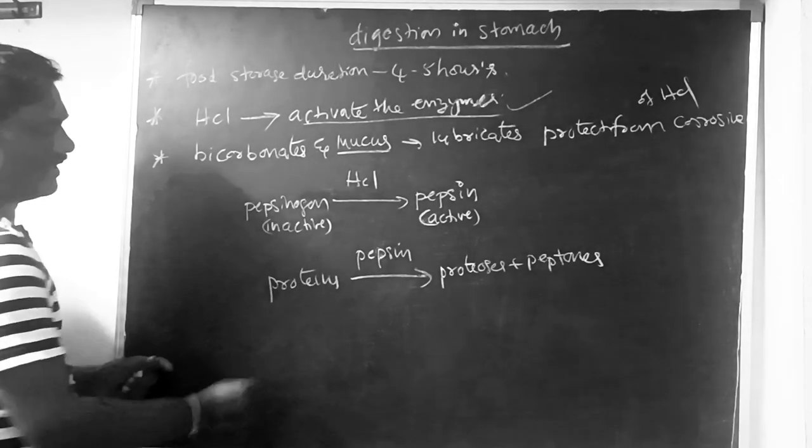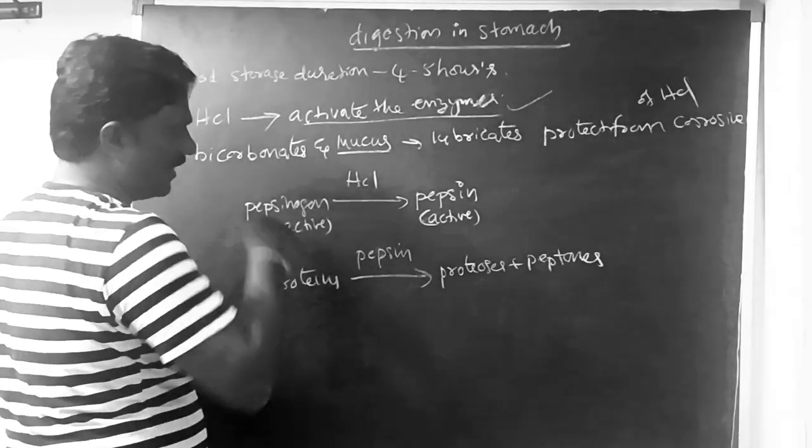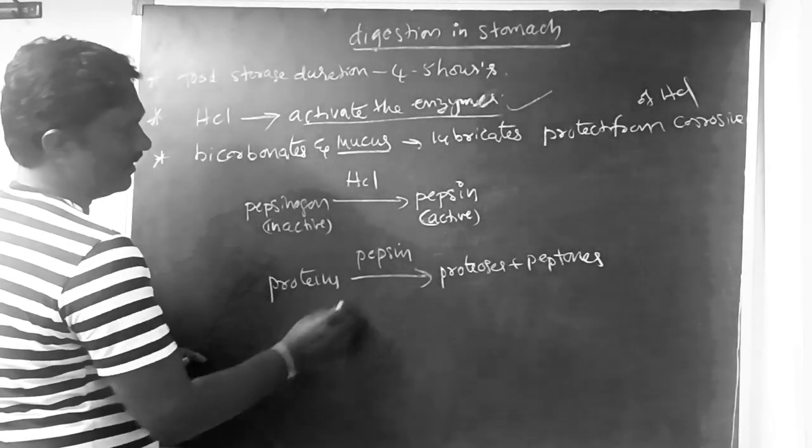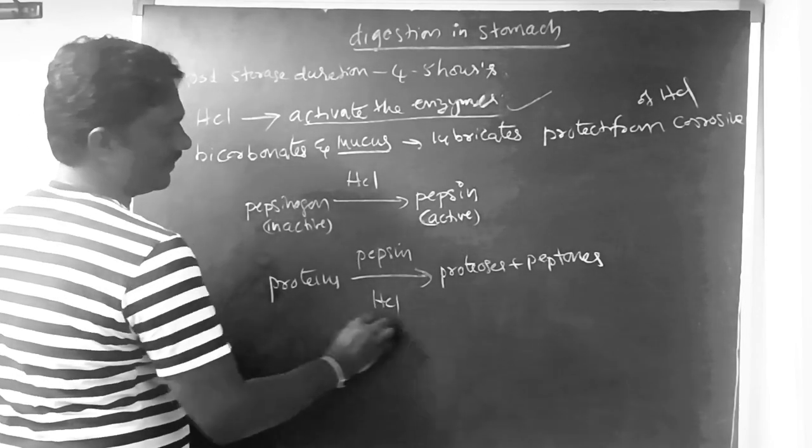The next one is prorenin. Prorenin converts into renin by the action of HCl.